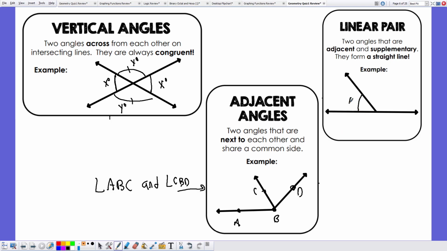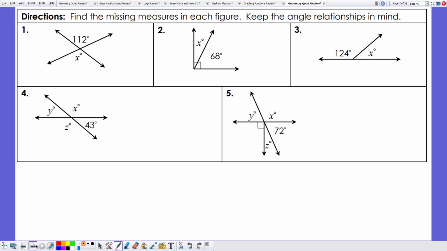So let's say this angle has a measure of x, and this angle has a measure of y, and in this case we would have that x plus y is 180 degrees. Very useful thing to know. Vertical angles, linear pairs, definitely you're going to be using them all throughout geometry.